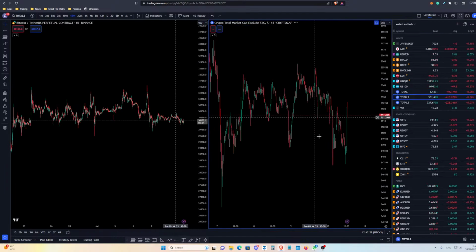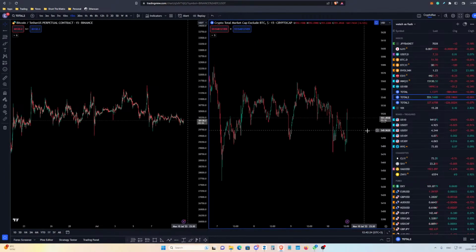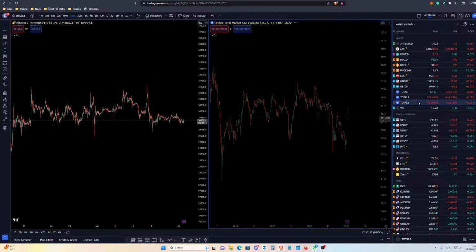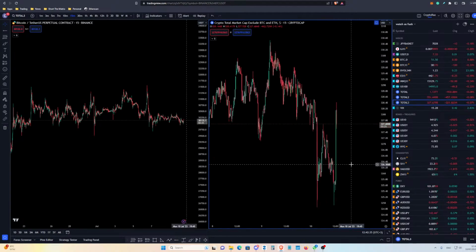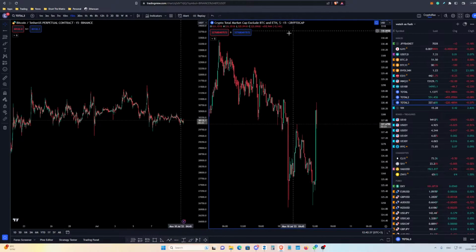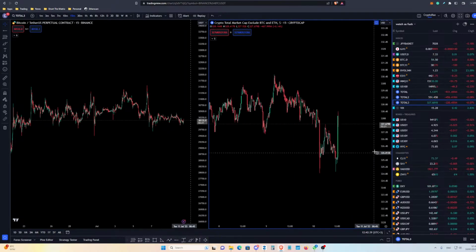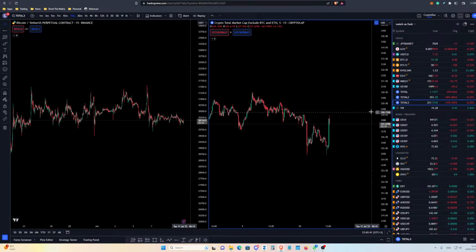This is total 2, as you can see. Without Bitcoin, there's a $551.45 billion market cap with Ethereum and altcoins, and the third one will be excluding BTC and Ethereum, meaning only altcoins, okay, shitcoins, however you want to call it.